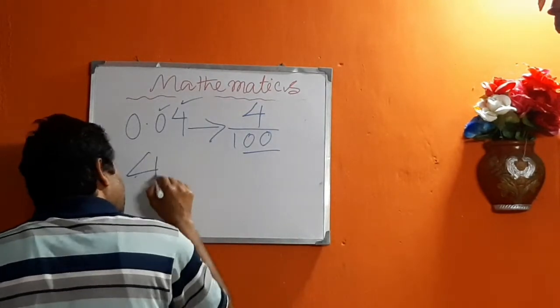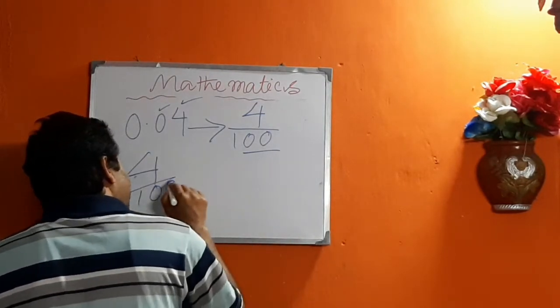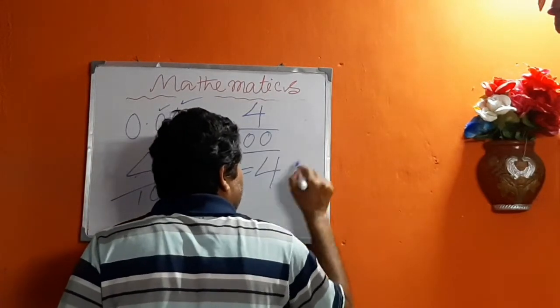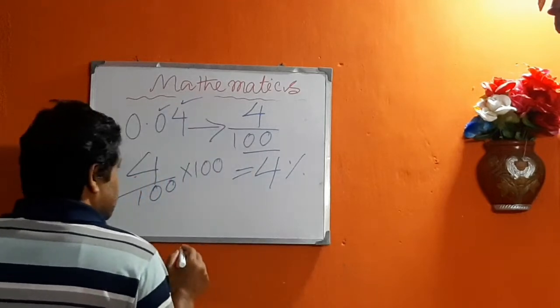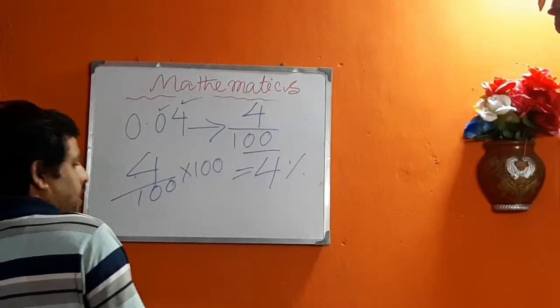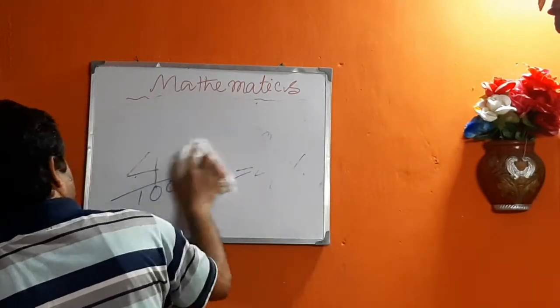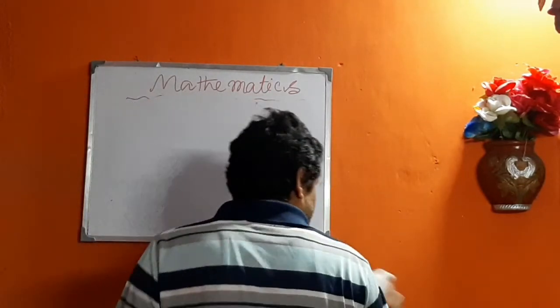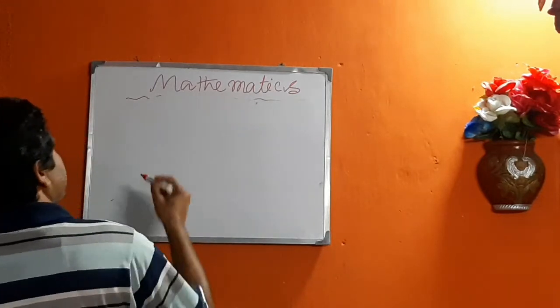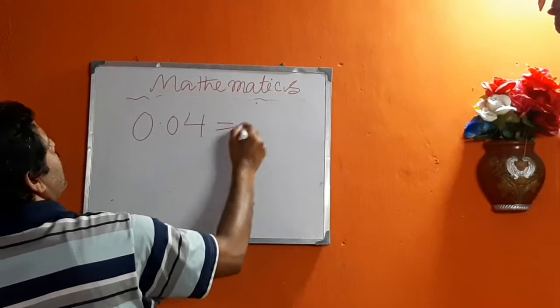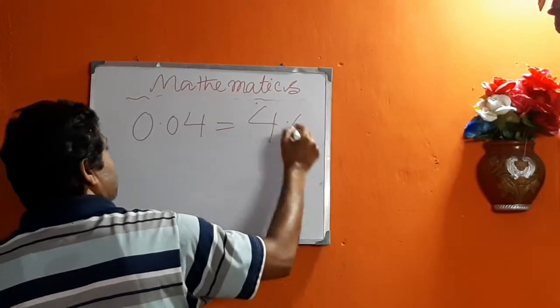And when this fraction is multiplied by 100, I get 4%. So finally we can say the decimal 0.04 equals 4%.